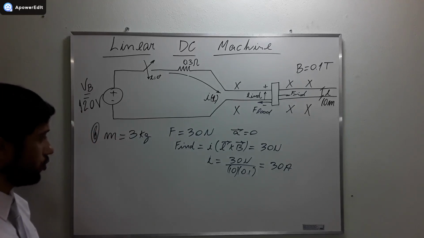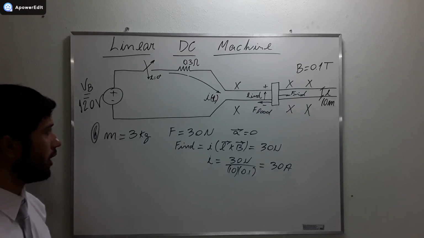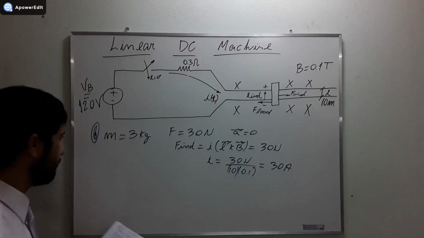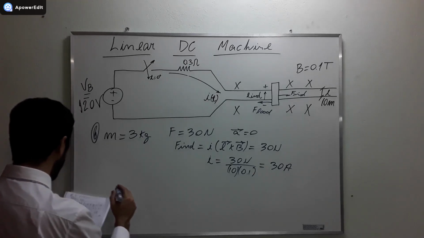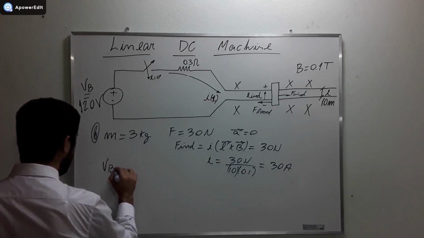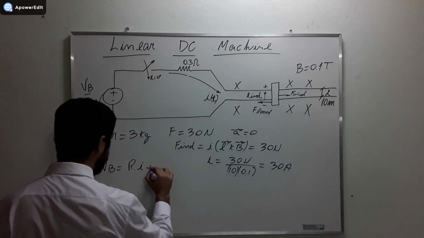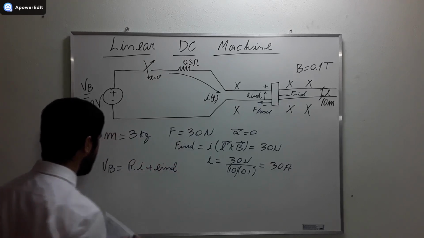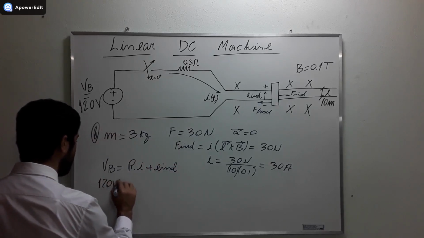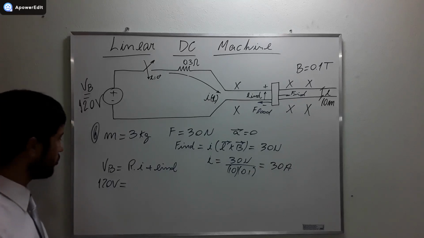Okay, we are going to use these 30 amperes to calculate the induced voltage. The induced voltage is going to be VB equals R times I plus the induced voltage. Here we already know that it is 120 volts.